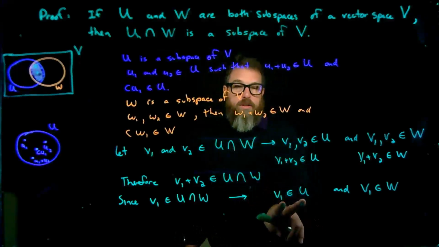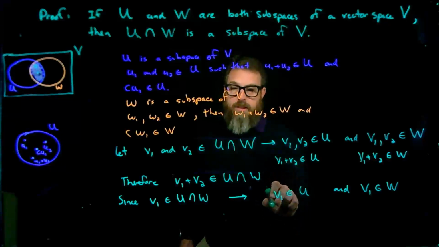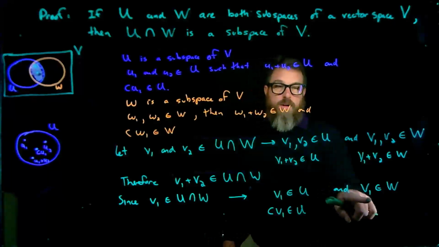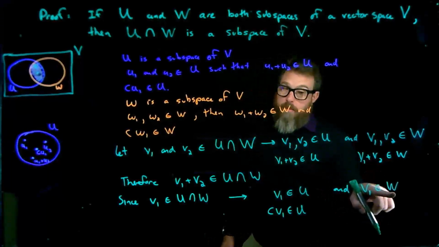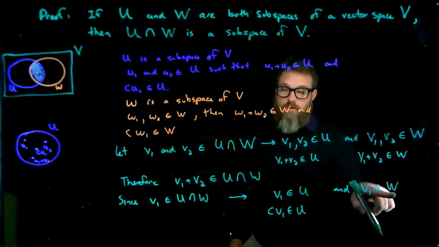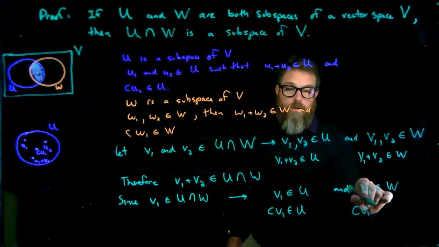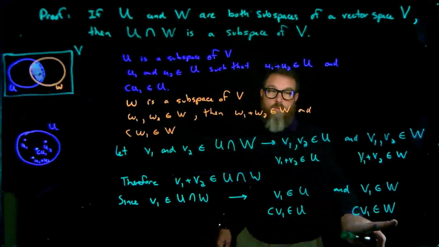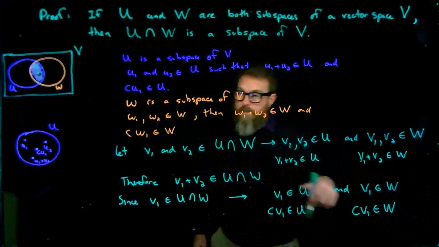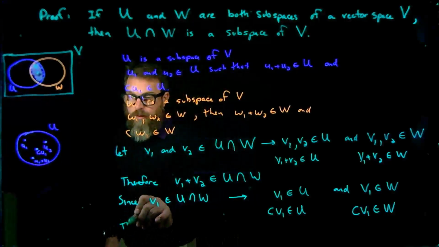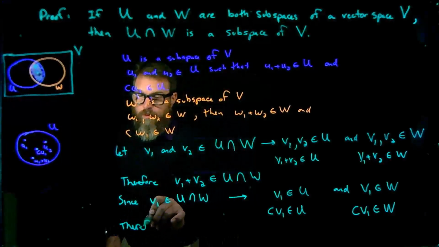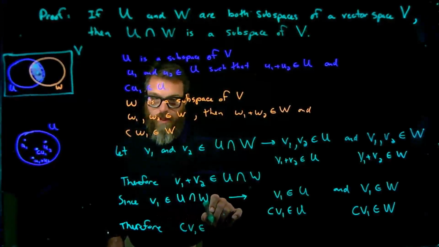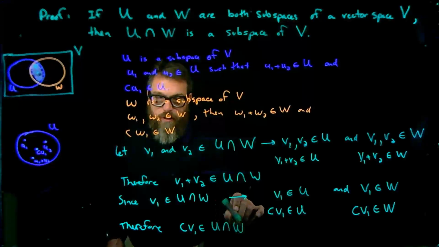Since V1 is an element of U and U is a subspace, CV1 also has to be in U. Very similar, since V1 is also an element of W, and W is a subspace, it's closed under scalar multiplication as well, so CV1 also has to be in W. Which means CV1 is in U and also in W, so it's got to be in both at the same time. So therefore, CV1 is an element of U intersect W.